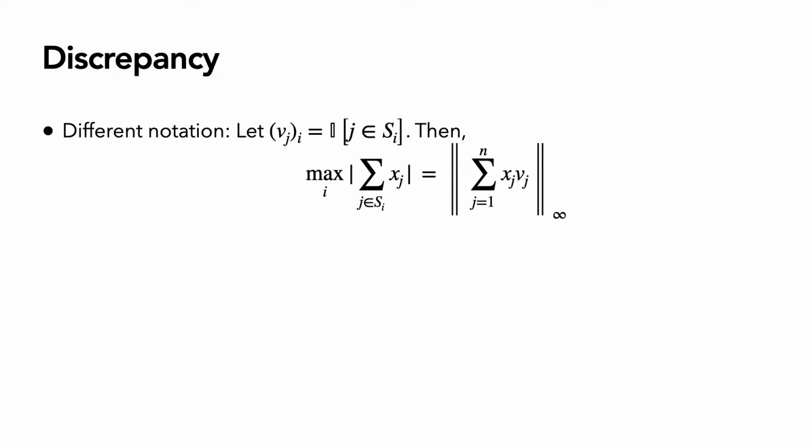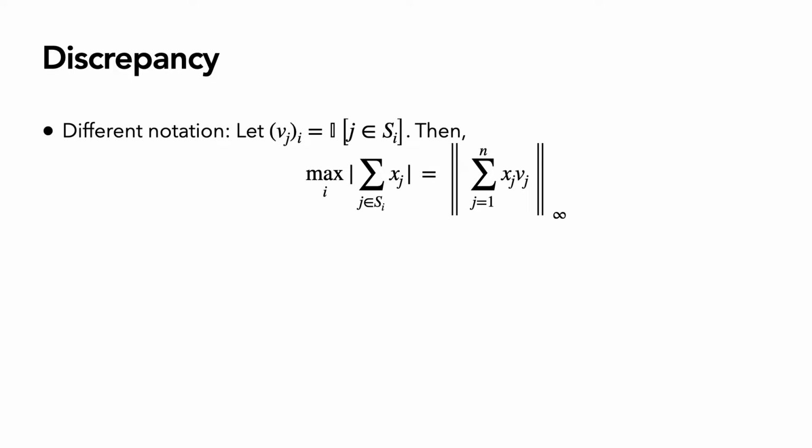We state this in slightly different notation that helps set up the generalizations that we study. Consider vectors Vj whose ith coordinate represents whether the element j lies in Si. Now, the discrepancy discussed in the previous slide corresponds to minimizing the infinity norm of the signed sum of vectors Vj.